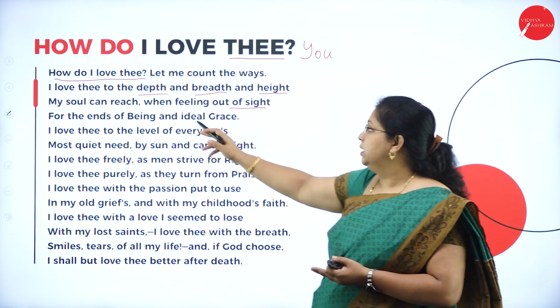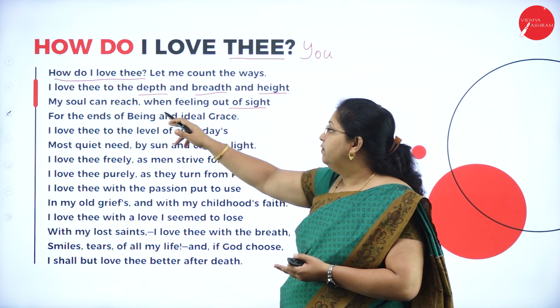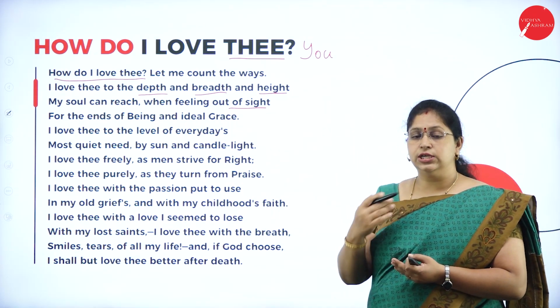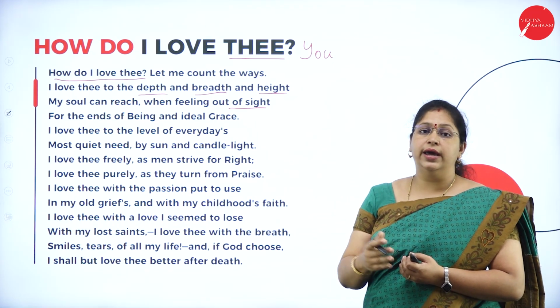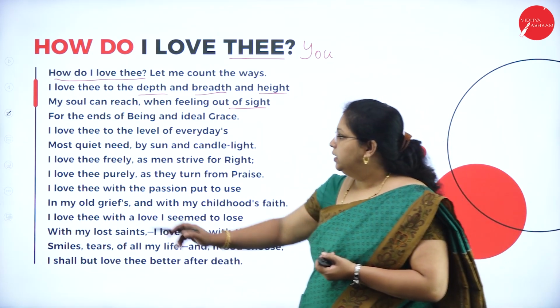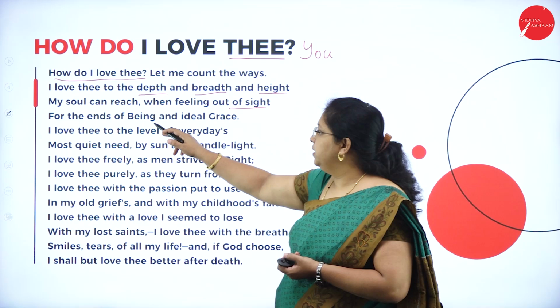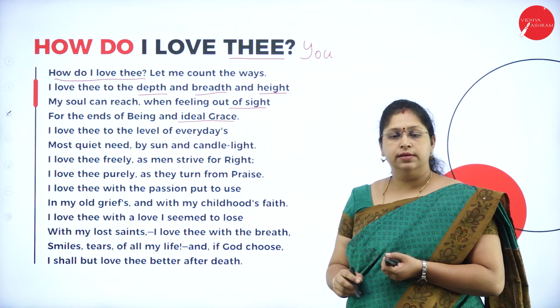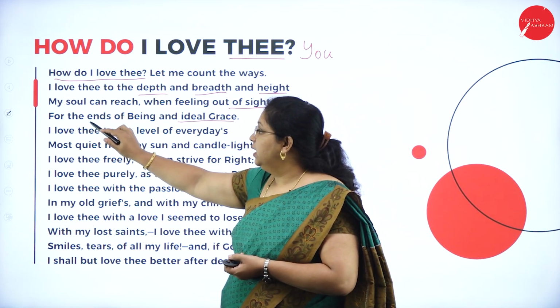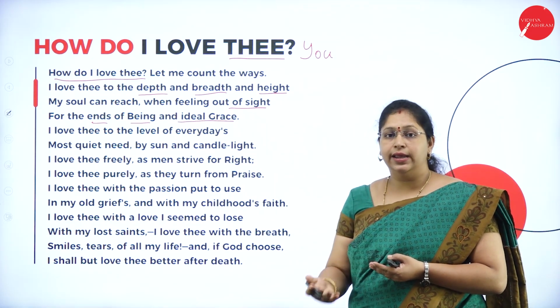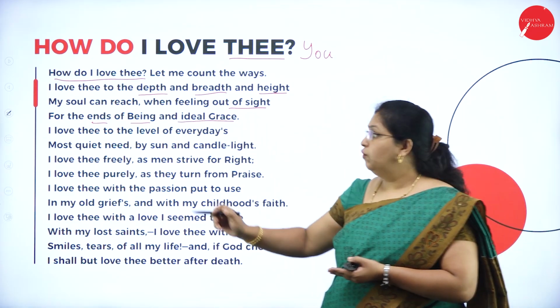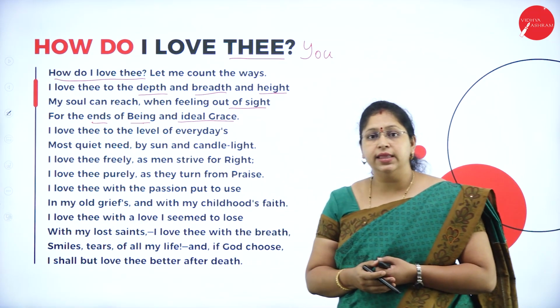So here she writes these lines. When feeling out of sight: when she is looking at where the soul can reach, it reaches beyond her vision. Then in this line, for the ends of being and ideal grace, it means that for grace there can be an end. For being alive there can be an end.